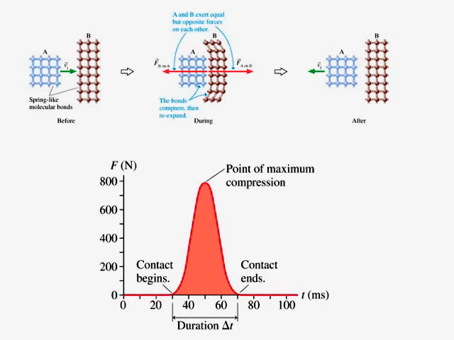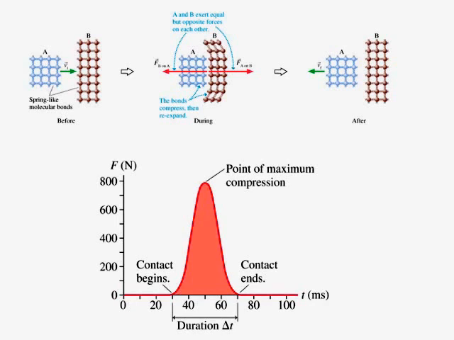The area again on this curve of the maximum force in a short time is the impulse. But since this force is changing over time, we can describe the impulse by the average force over time. And that's what the equations that we were seeing were, the average force over time. What is the average force here? It's half the maximum force, or 400 newtons, times the duration of 40 milliseconds, 70 minus 30 milliseconds.